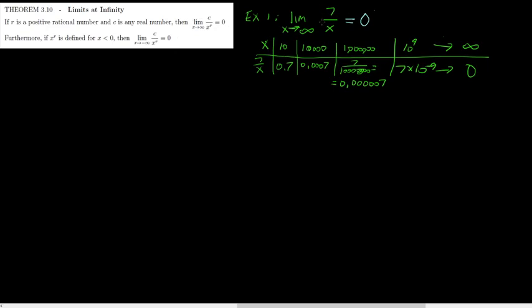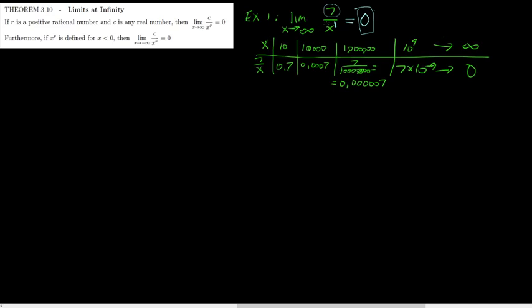Okay? So that doesn't prove this theorem, but at least it shows that it's not wrong, right? We have our constant c is 7, and r, of course, in this case is just 1, right? X to the 1 is x. 1 is a rational number, right? So that gives us a pretty good idea of what's going on here. If the numerator is just a number, a constant, and the denominator involves some power of x, well, as x gets bigger, the denominator gets bigger, but that means the fraction gets smaller, right?